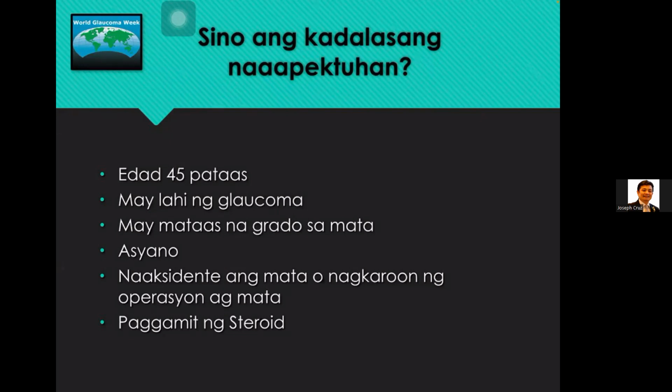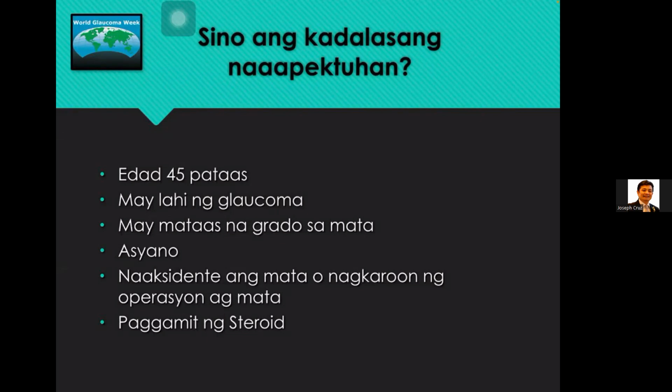ng kanilang pagkabuntis. Kadalasan po ay napapasa ang glaucoma dahil nasa lahi po ng isang tao. Sa makatwid po dito sa atin sa Pilipinas, meron po tayong nakikita na ikatlo hanggang ikaapat pa ho nga na henerasyon na may mga pasyenteng may glaucoma.